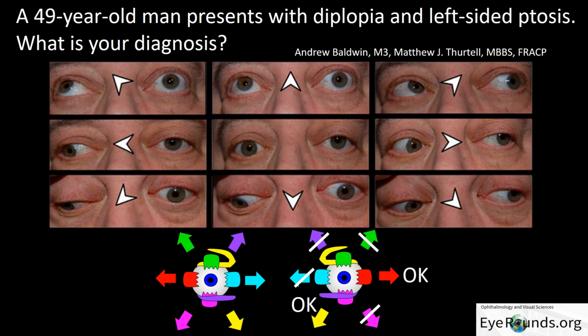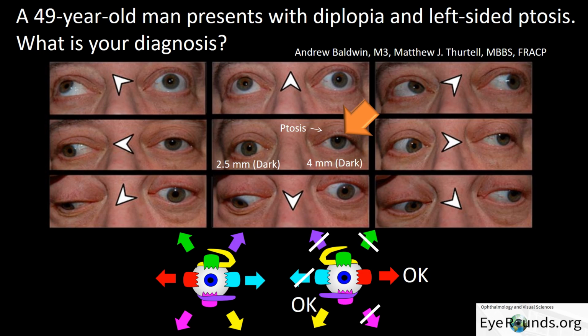Now, when we look at the left eye pattern of weakness, we can easily adjudicate the abnormal movement to a third nerve palsy. But in addition, in this patient, we find left upper lid ptosis, indicating weakness of the levator palpebrae, and a dilated left pupil, indicating pupillary sphincter involvement.